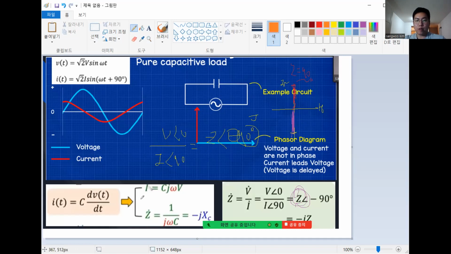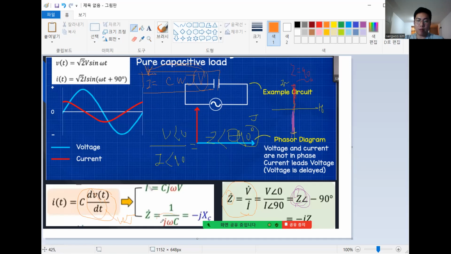So look at that here. If we do the differential of this, it's going to be I equal to C omega J V. I said d/dt is omega J, right? And it's going to be V, right? But as you know here, Z equals V over I, right? So look at that. If it's coming to here, it's going to be, yeah, because V is going to be on the upper side, right?